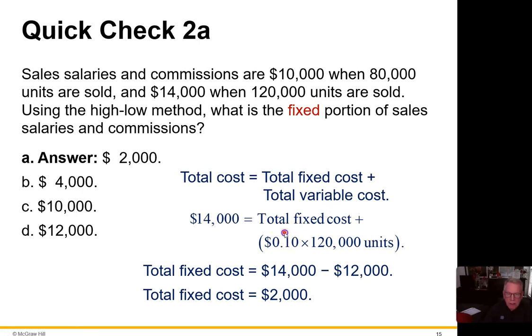We'll multiply the 10 cents that we just calculated in the previous slide times the 120,000 units that were sold. If we do that, we'll take the $14,000 total cost minus the $12,000 variable cost, and that leaves us with $2,000 of total fixed costs.